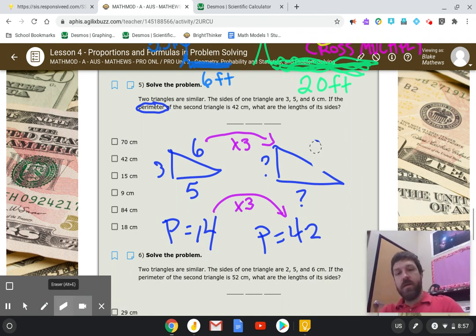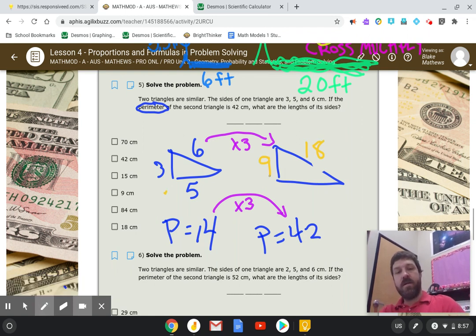So that tells me that 6 times 3, there should be 18. 3 times 3 is 9. 5 times 3 is 15. These 3 should be the dimensions of my new shape.